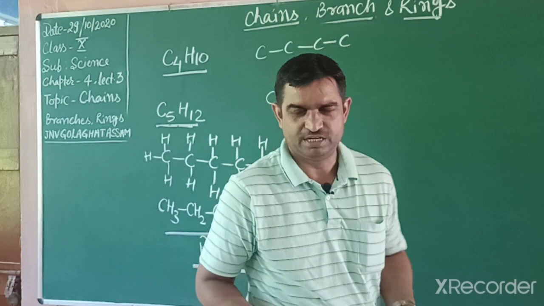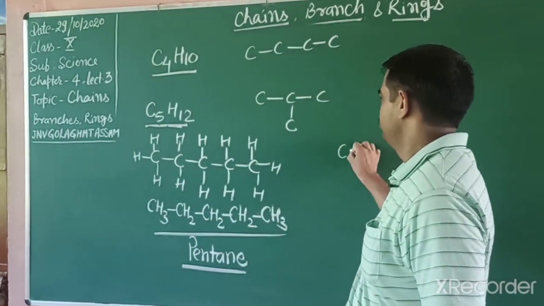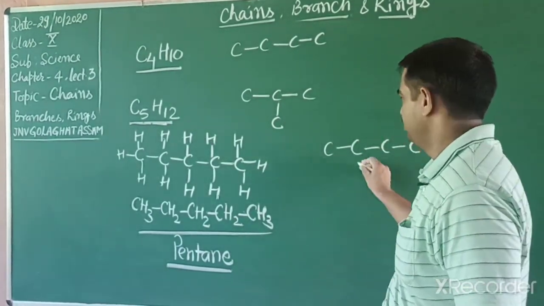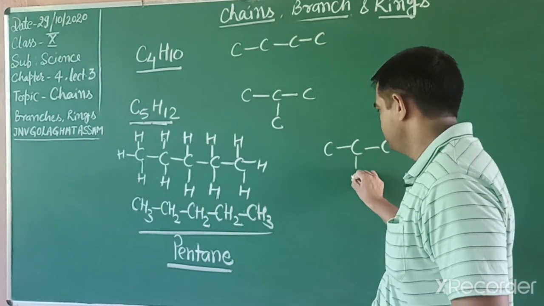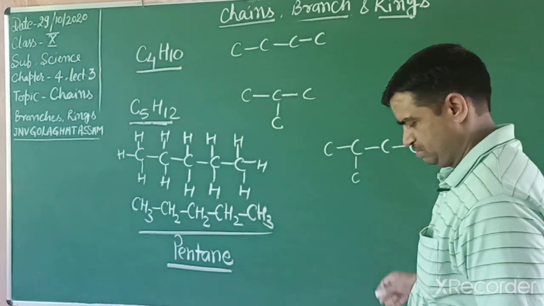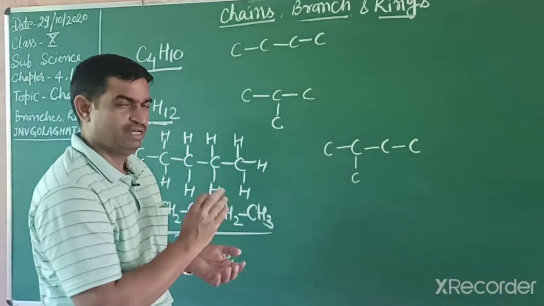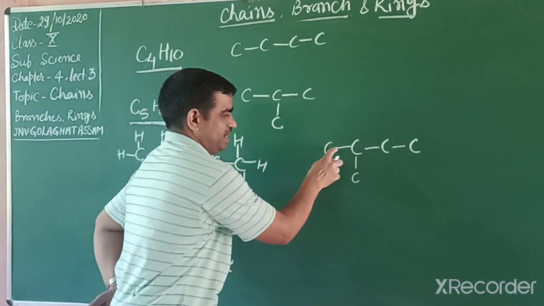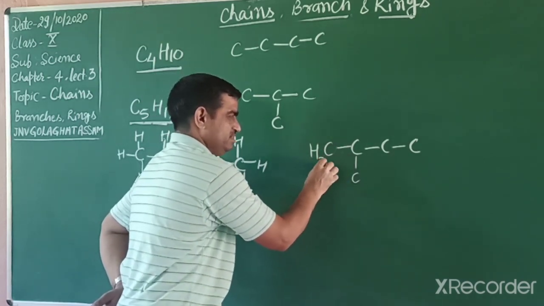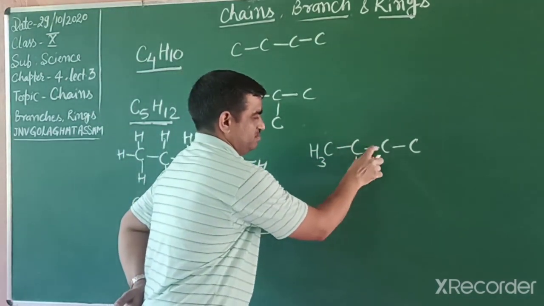Students, we can make one more compound. If we write 4 carbon as a straight line, and 1 carbon we write as a side branch, so another compound. Then you can write the number of hydrogen. Another way, you can write how many hydrogen we need. 1 valency already. You can write here CH3. In this compound, what can we write?